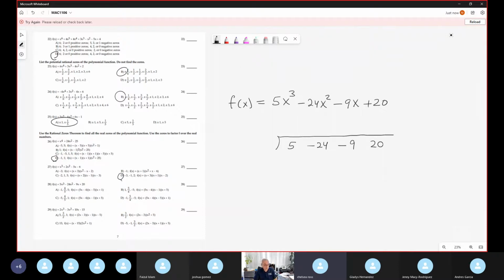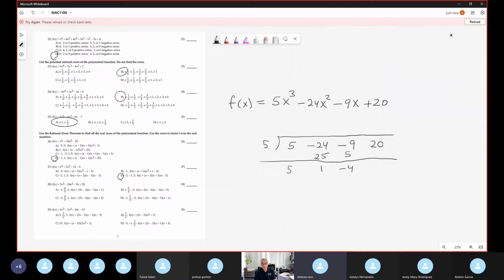You let me know. For example, 5 is a good one, positive 5. We check this 5 in decimals, which gives me this information. But you are doing the synthetic division to verify it's actually a factor, a zero. Bring down 5, 5 times 5 is 25. That gives 1. 1 times 5 is 5.